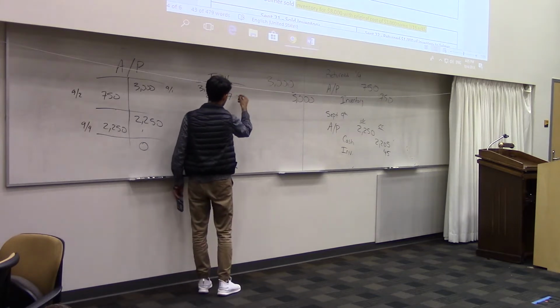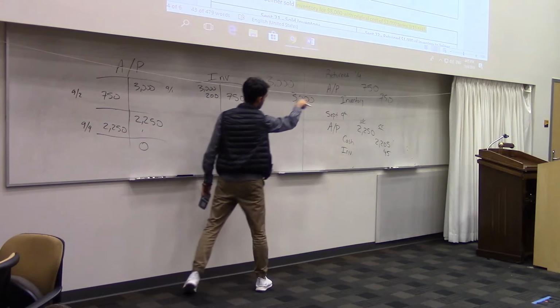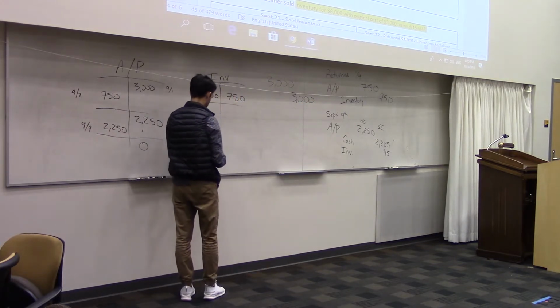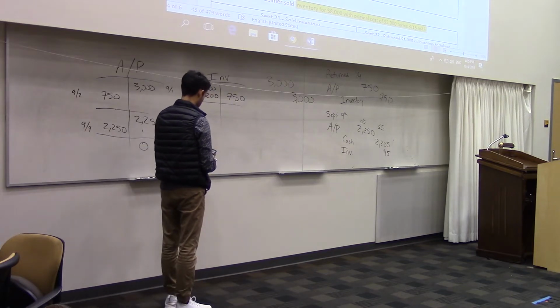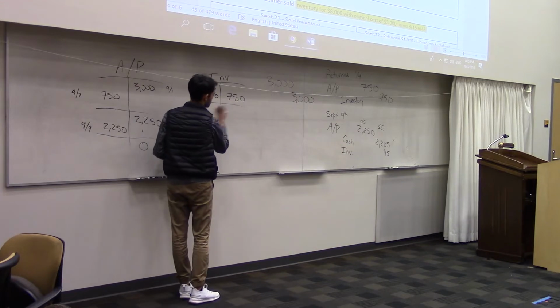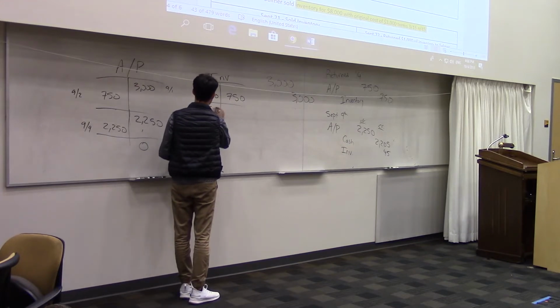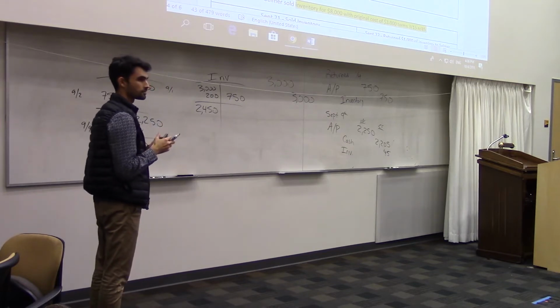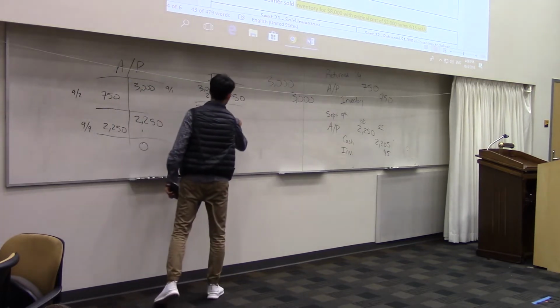Then we returned $750. So as of September 9, our inventory was worth $450. But since we got a discount on it, we got a $45 discount.